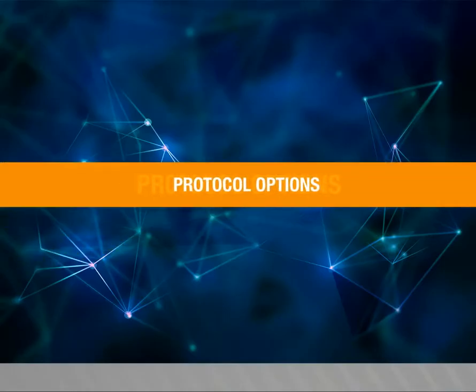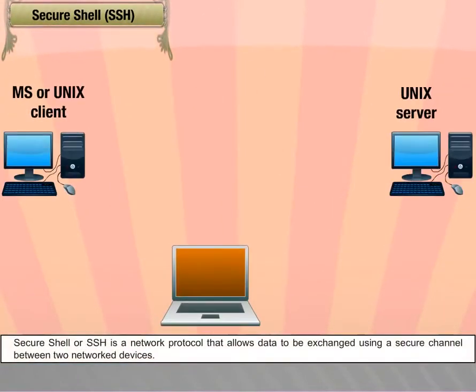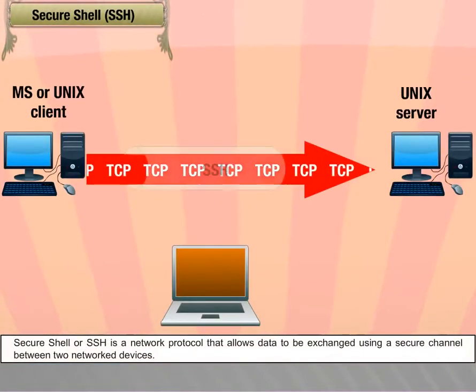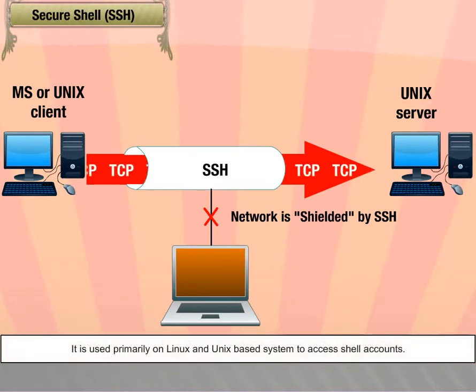Protocol options. Now let us see about the protocol options. Secure Shell, SSH. Secure Shell or SSH is a network protocol that allows data to be exchanged using a secure channel between two networked devices. It is used primarily on Linux and Unix-based systems to access shell accounts.